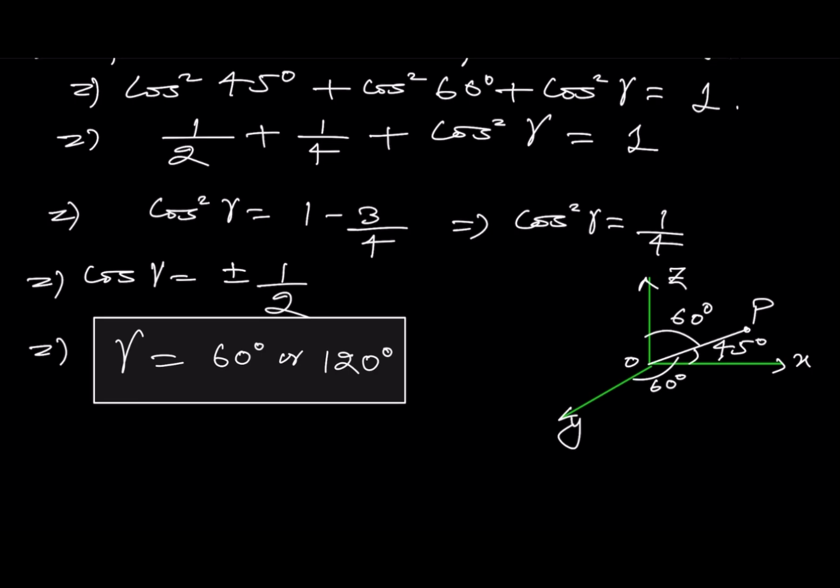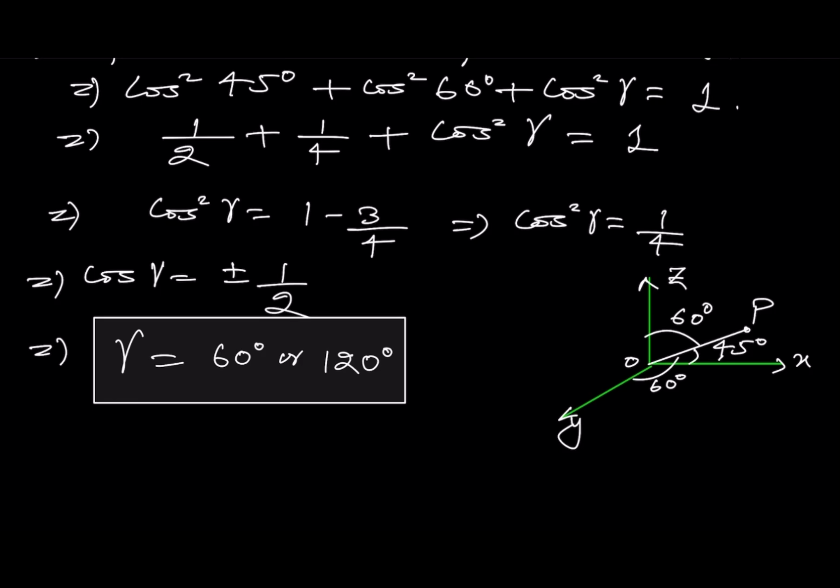But if this OP is below the xy plane, then with the positive direction of z-axis, this OP will make pi minus 60, which is nothing but 120 degree.